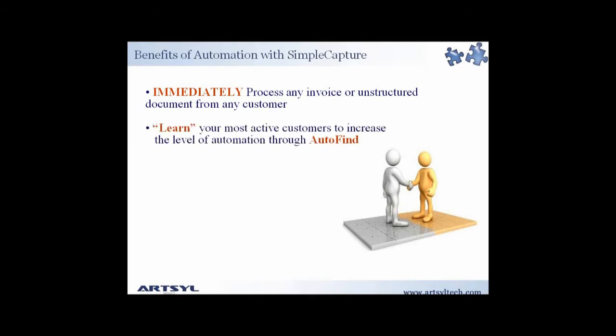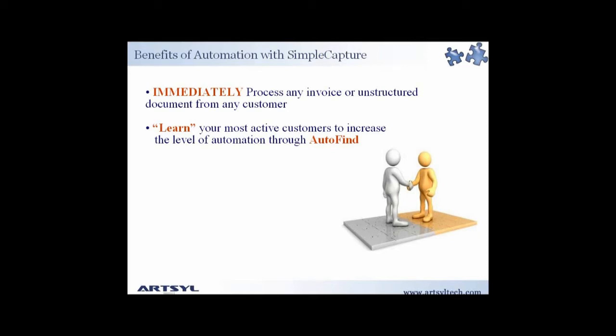As Gary pointed out, with AutoFind, you can learn all of your documents, especially documents like invoices, where you have fixed information, things like vendor name, vendor phone number, vendor address, vendor invoice number, vendor invoice date. Regardless of what vendor it's coming from, it typically is in the same position on an invoice from one particular vendor.